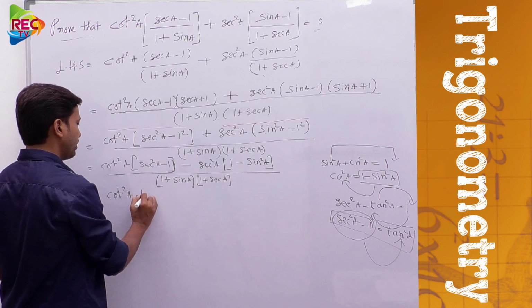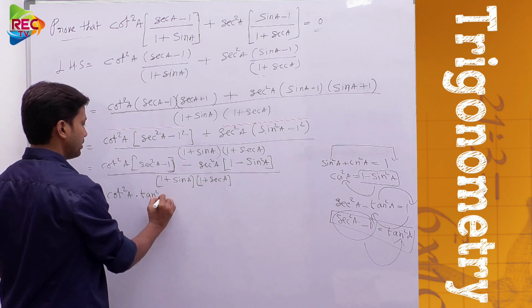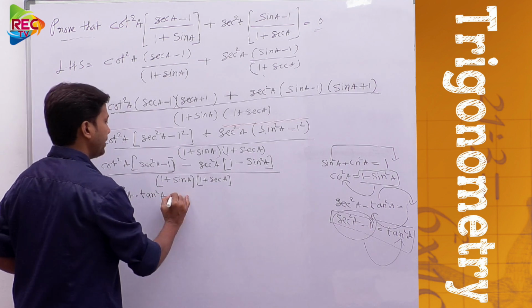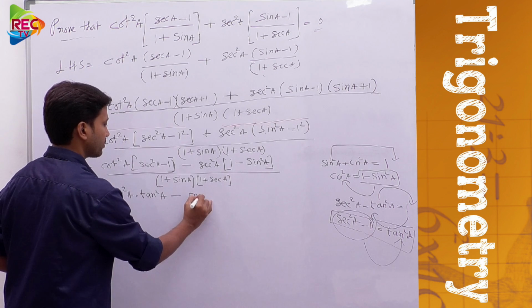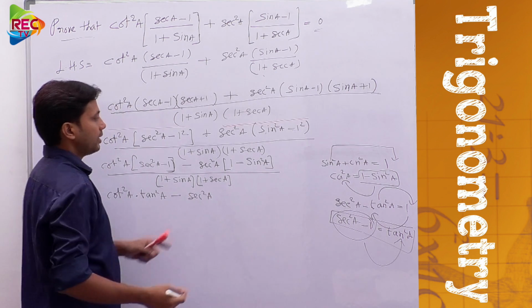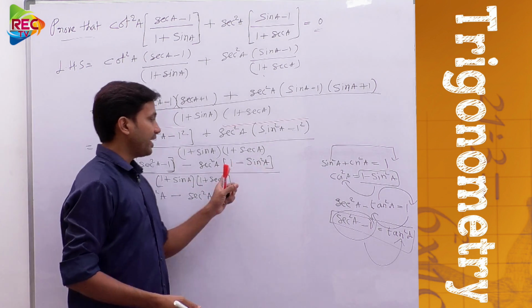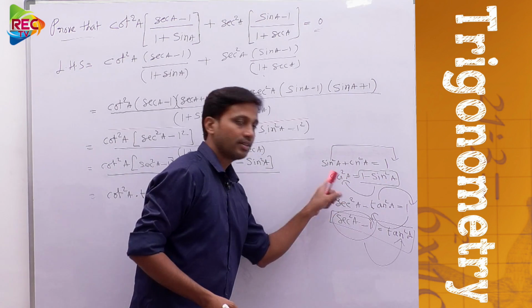You can put it here: tan square A minus secant square A. Now tell me, 1 minus sin square A can be replaced by cos square A or not? Exactly.